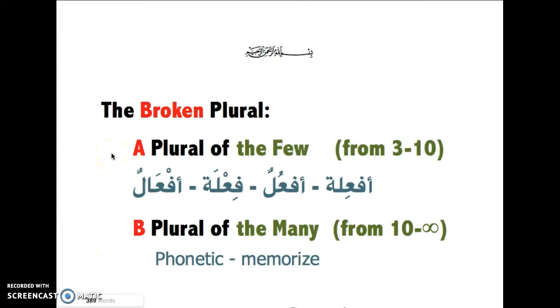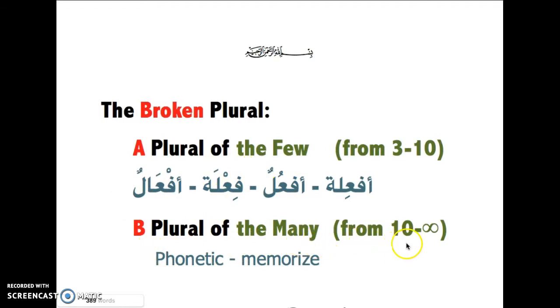One is called a plural of the few, which means it's between 3 to 10. And the other one is called plural of the many. They're both broken plurals, right? So let's just make sure we get that. They're both broken plurals. One of them is plural of the few, and the other is plural of the many.